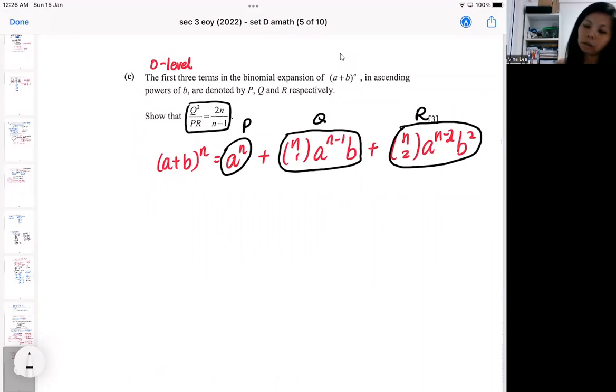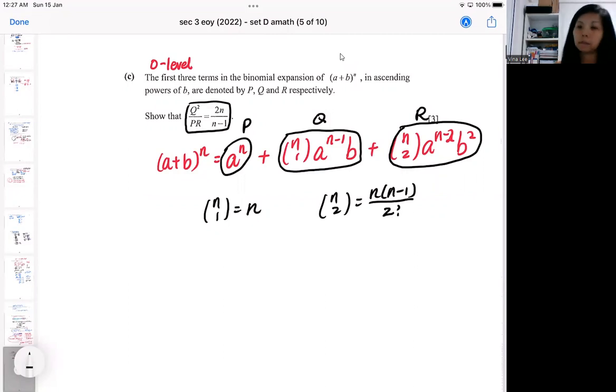Okay, if you need to do this, you actually need to know one set of formula. You need to know that this is n. So there is a set of formula on this. The bottom part is 2 factorial, which is a 2.